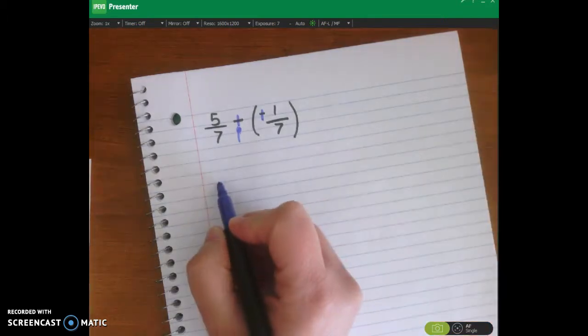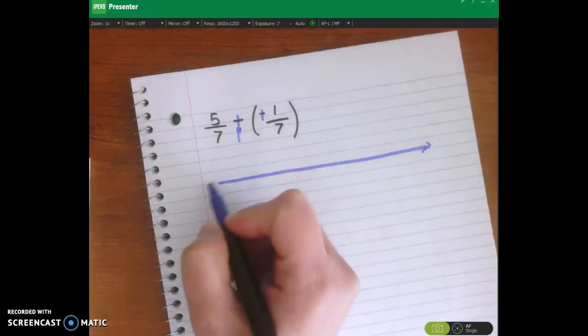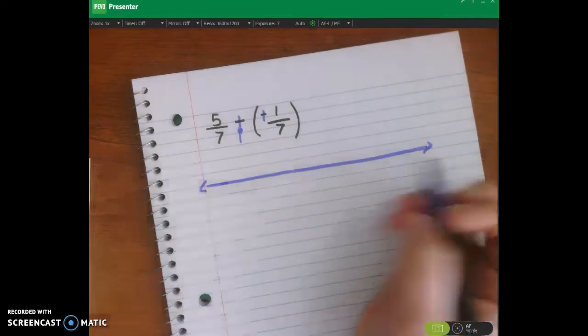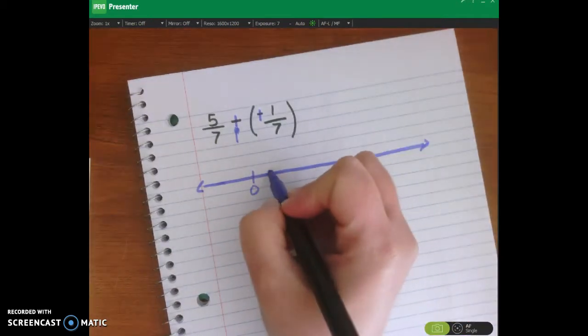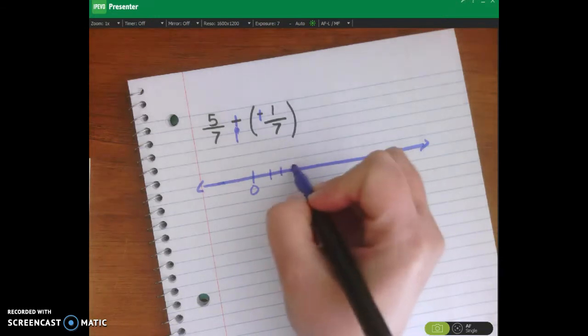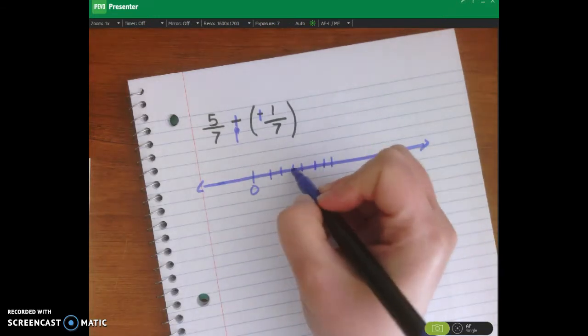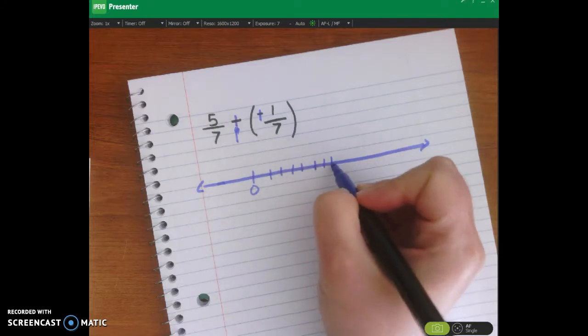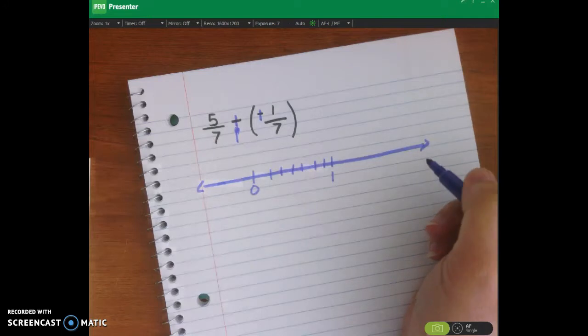So now I'm going to draw a number line. Here's my number line. And I'm going to put 0 here. And I'm going to let each tick mark be 1/7. So this would be the whole number of 1.